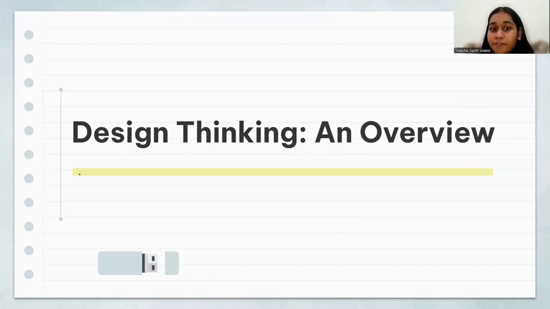The reason I feel that design thinking is linked with research in such a beautiful and incredible way is that design thinking focuses on finding solutions, problem solving, just like research, which focuses on answering a question and solving the problem, right? In the coming slides, I'll be taking you through what is design thinking and how you can apply it in your hackathons. So let's go.